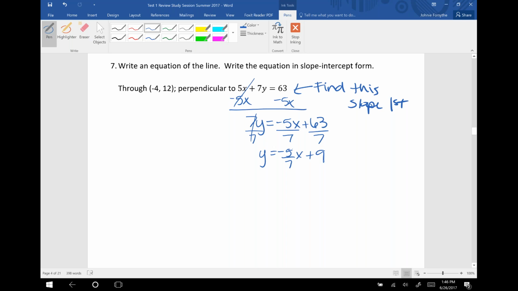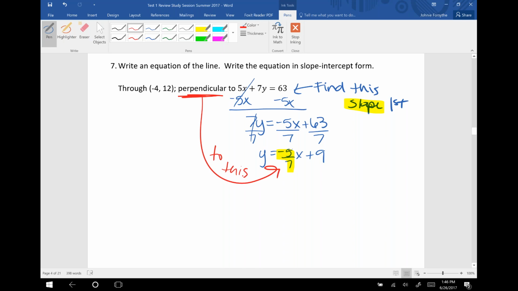This is all good and great, but the only thing that we need is the slope. So the slope of this equation is negative 5 over 7. That's the slope of this equation that they've given us. The slope that we need is perpendicular to this. Okay?